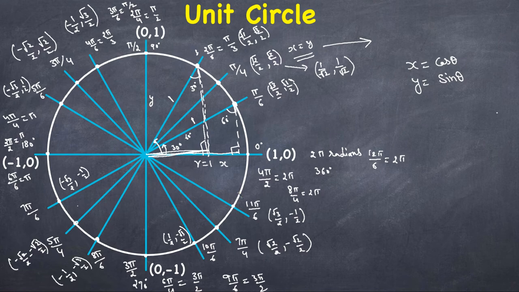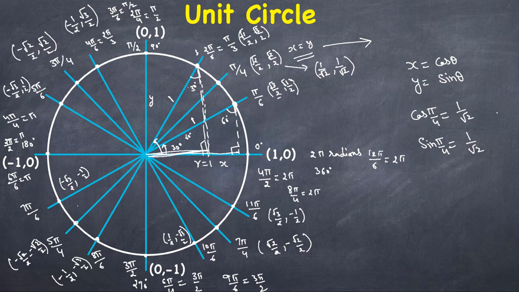So if they ask you what is the value of cosine when the angle is pi over 4, that means cosine pi over 4 is equal to just the x coordinate value, which is here 1 over root 2. How about sine pi over 4? Sine is the y value of that coordinate. So for pi over 4, the y value is 1 over root 2.